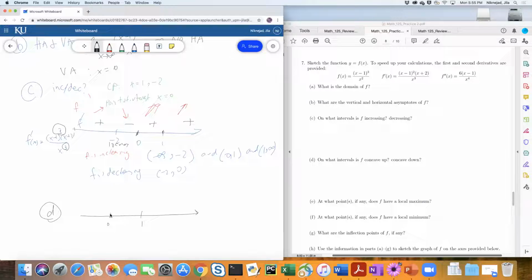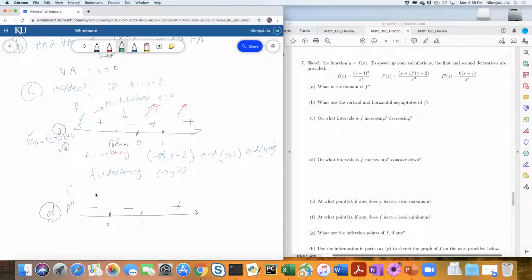Multiplicity of 0 is even, therefore the sign doesn't change, but 1 is odd. Going toward positive infinity it changes at 1, but it doesn't change at 0. So this was F double prime.